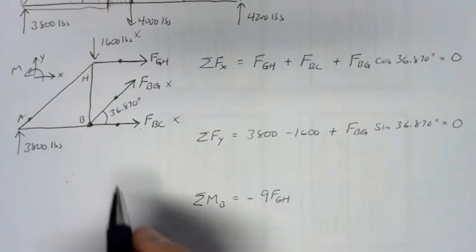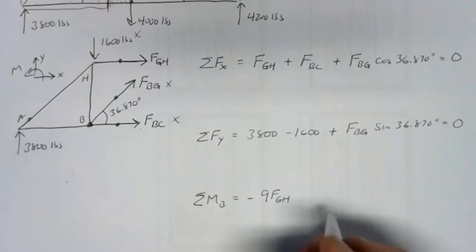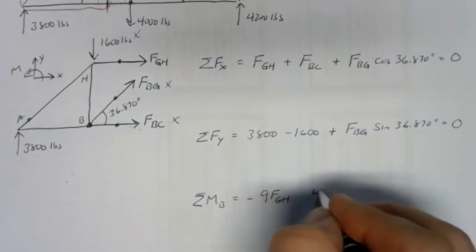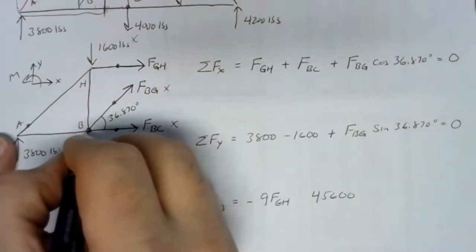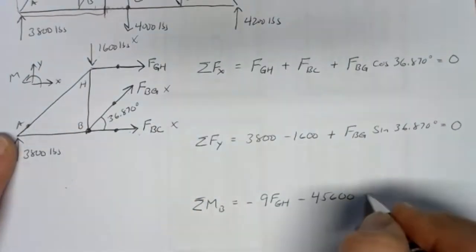We've got 3,800 pounds that's 12 feet away, so we have 12 times 3,800. That's 45,600. If we're pinned at B and pushing up at A, that's again a clockwise moment, so negative.